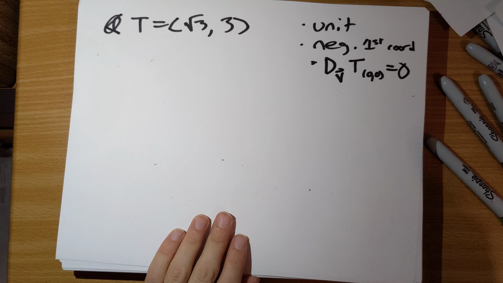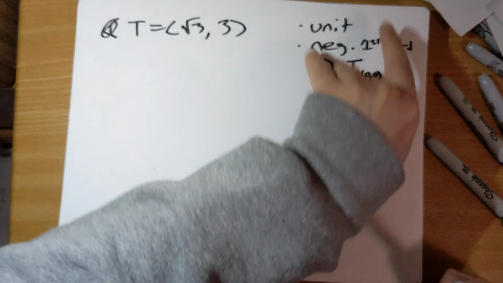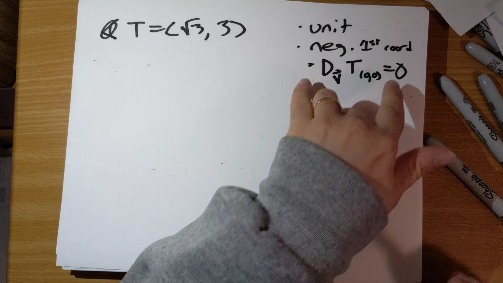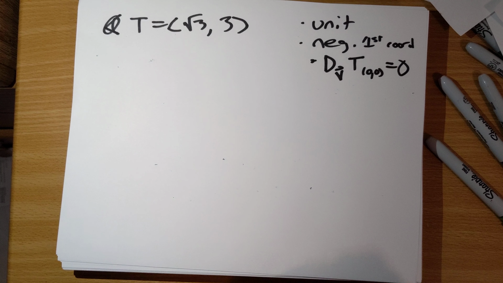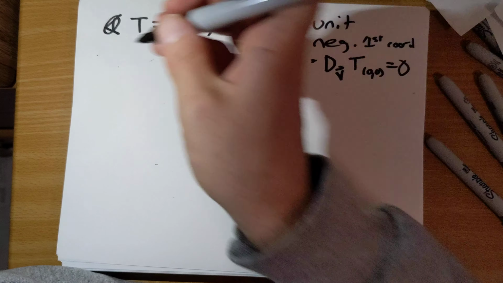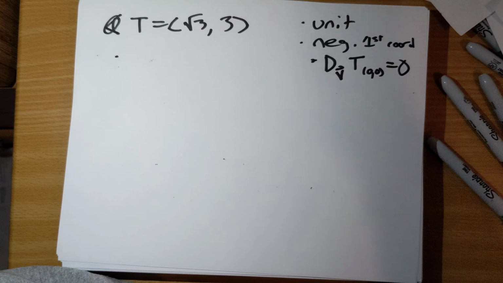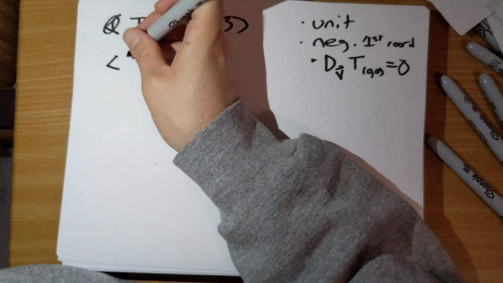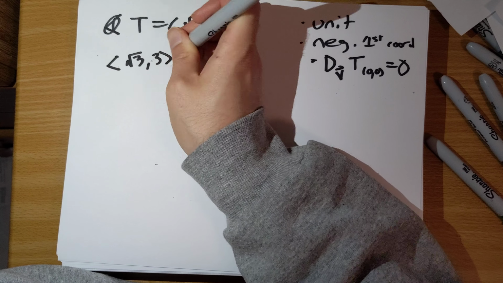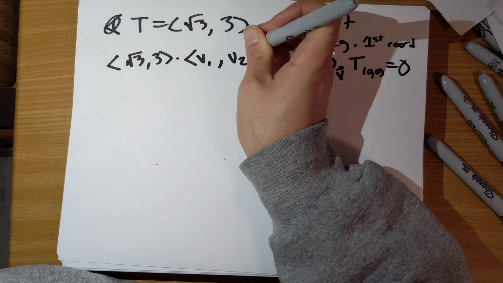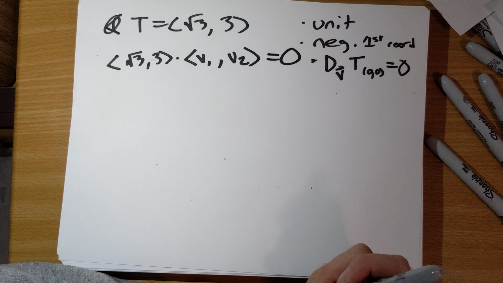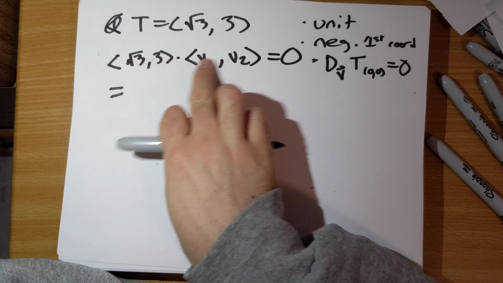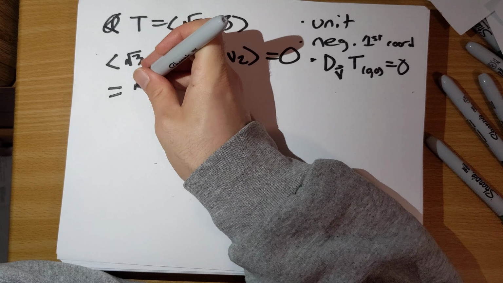So what I'm going to do to solve this problem is come up with a vector that does this, and then we're going to modify it so it satisfies the first two conditions. What I'm looking for is the directional derivative. We want our gradient dot product this vector to be 0, where v1 and v2 are unknown.